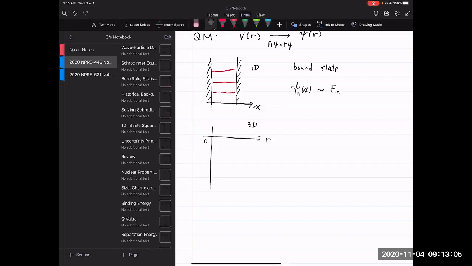There's no angular dependence in the neutron-proton interaction. From 0 to R, this interaction has a finite range. We call this range R0.